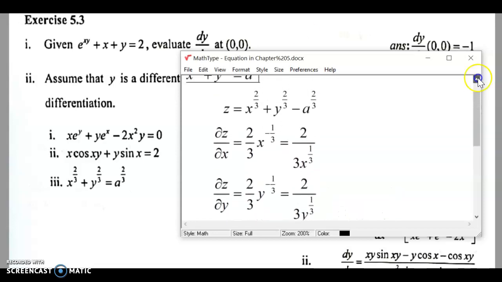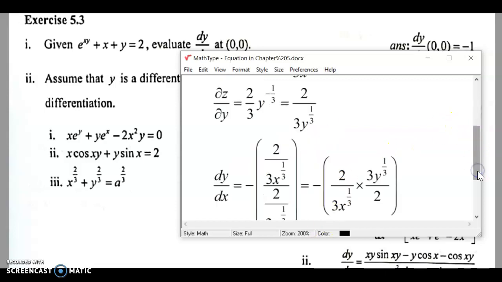So this is what I should get. And I simplify it a bit, substitute it in the formula.